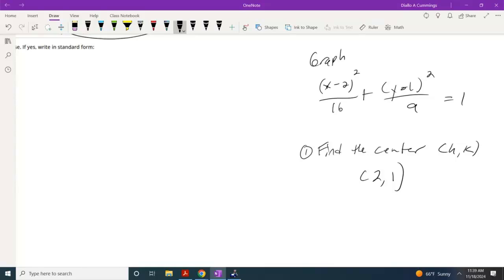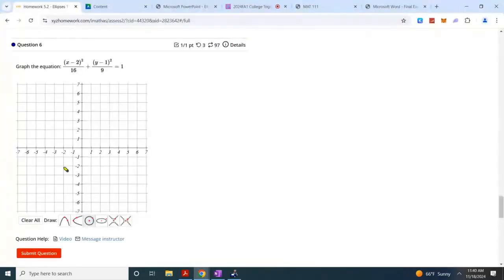So this time, instead of plotting the first point at the origin, we're going to plot the first point at its center, 2, 1. So I'm going to go over 2 to the right and up 1. And then we plot basically the same way as we plotted the other two, just the center straight from the origin. So I plotted my center at 2, 1. Since my largest denominator is underneath the x variable, this is going to have a horizontal axis.